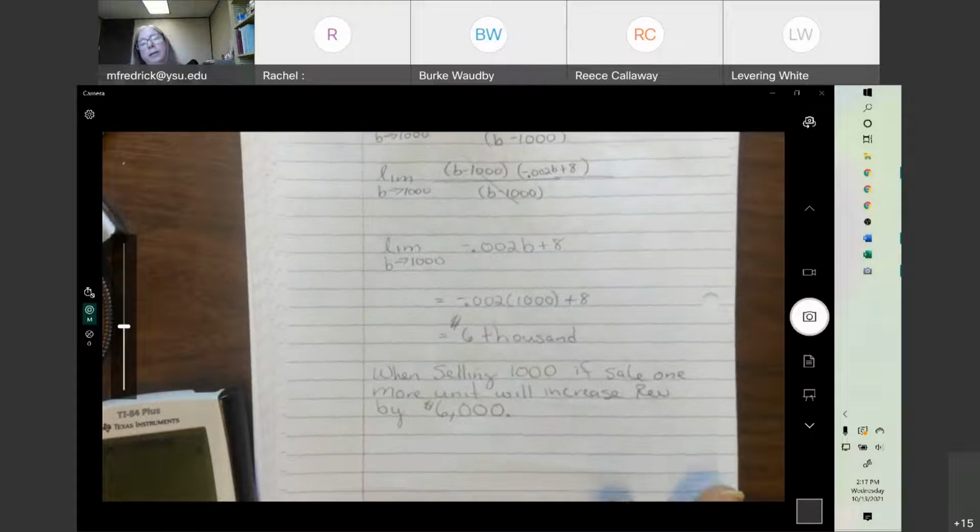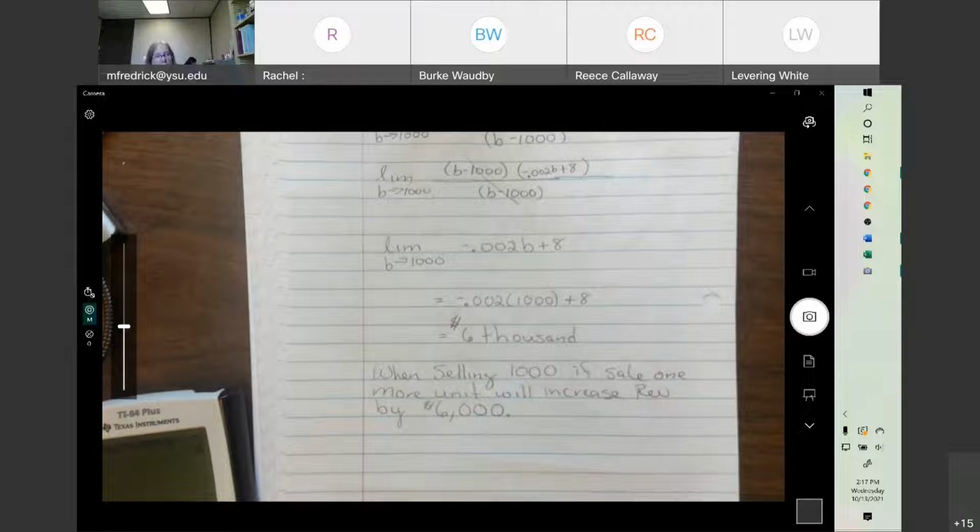So if we're selling 1,000, if we sell one more unit, we increase our revenue by $6,000. The other one was saying when we're selling 1,000, if we sell two more, we're increasing revenue by 6,000. Kind of strange that that second one isn't giving us any revenue.